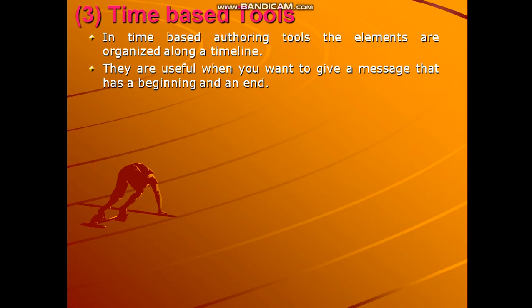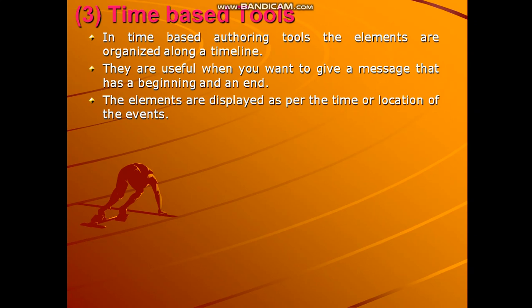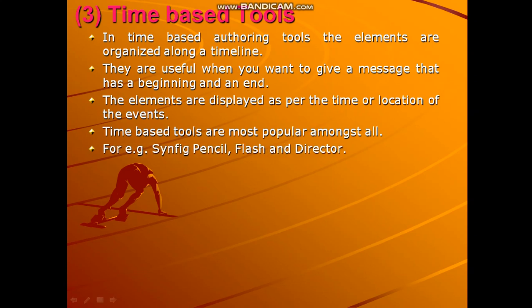In between these 2 points you can create animation. The elements are displayed as per the time or location of the events. Time based tools are most popular amongst all. And remember, Synfig, Pencil, Flash and Director. These are the animation software that is based on time-based tools.